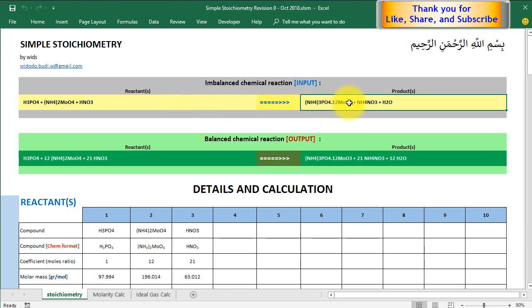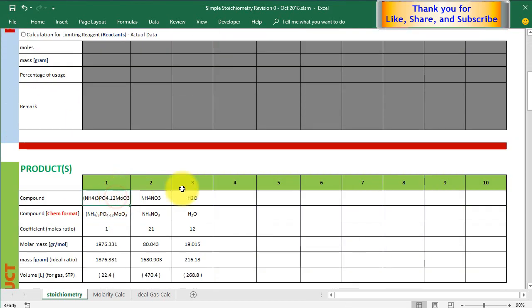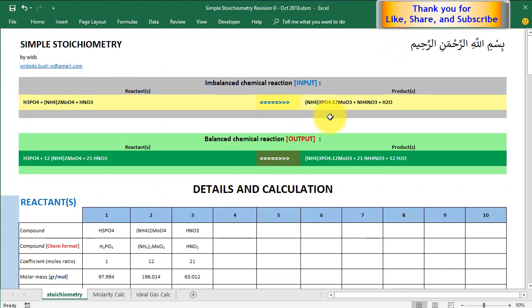The special thing in here is this is detected as one compound here, and the number in front of MoO3 here is not ignored, it's calculated, except, for example, the 19 in front of water.